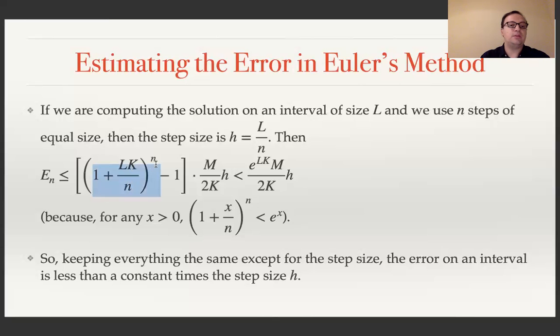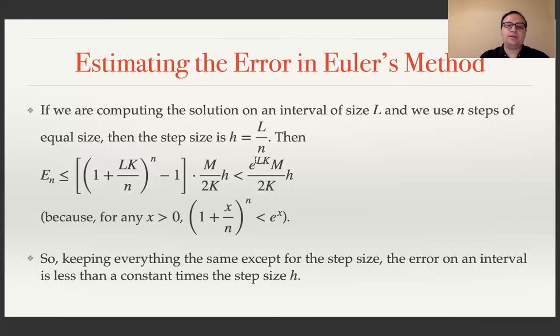So it turns out that this parenthesis can be bounded in a way that does not depend on the number of steps. It's just less than e raised to the power LK. So we get this bound that the error is less than e to the power LK times M over 2K times h.